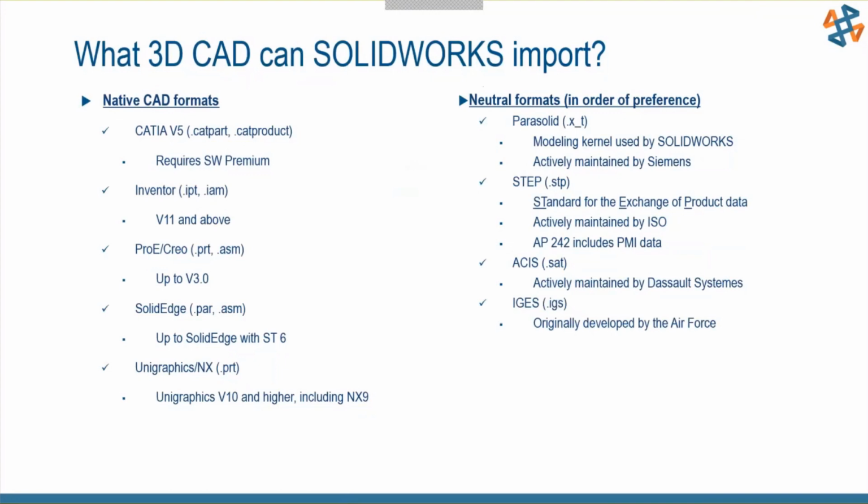In fact, if everyone can recall back to when the Olympics were in Atlanta, yes, the Olympics were actually in Atlanta. When the Olympics were in Atlanta was in 1996, and that's the last time the IGES standard was updated. In fact, the group that was involved with the IGES standard said, we just can't do this any further.